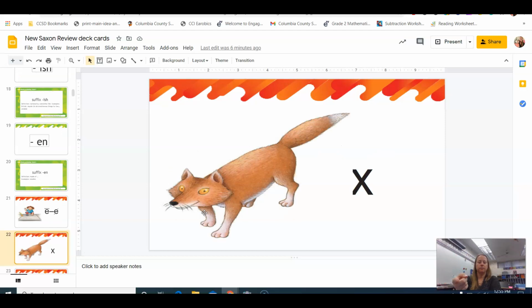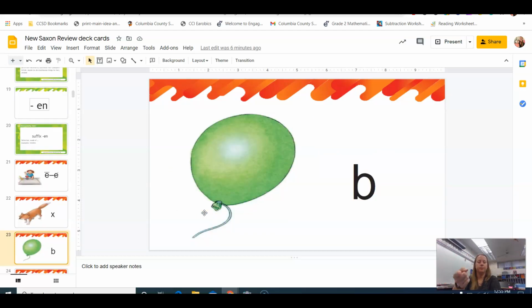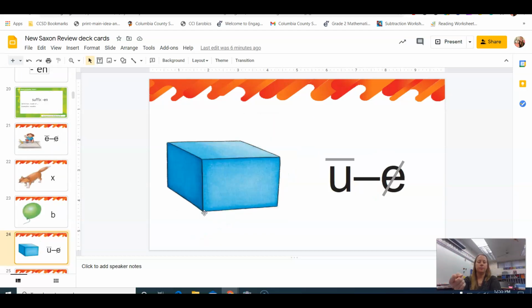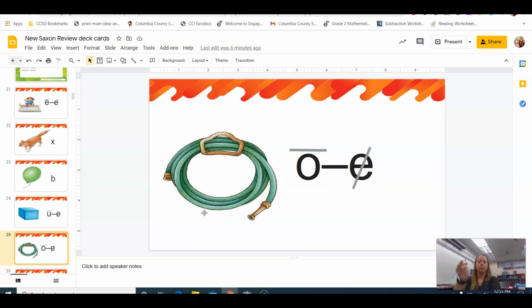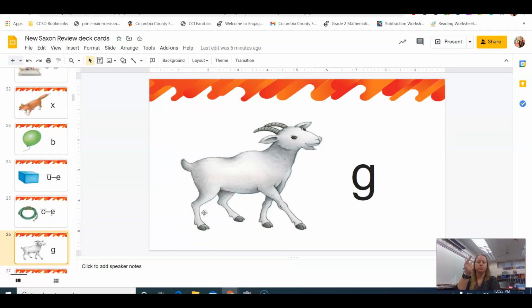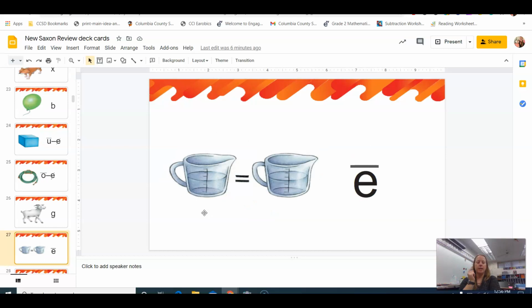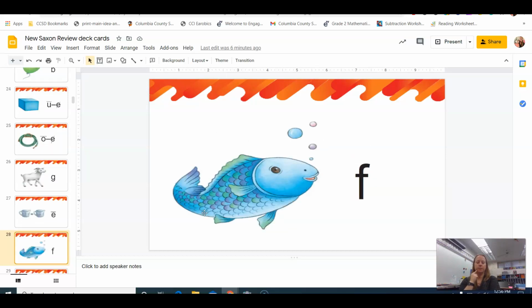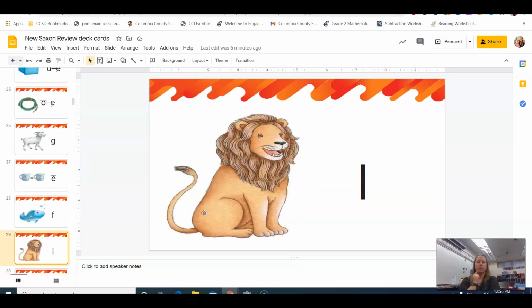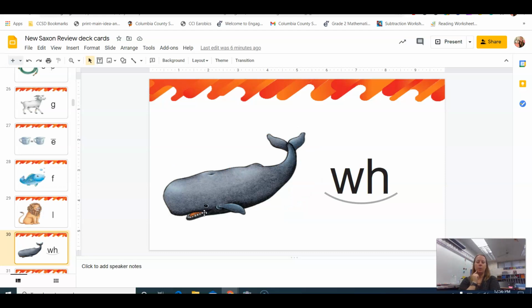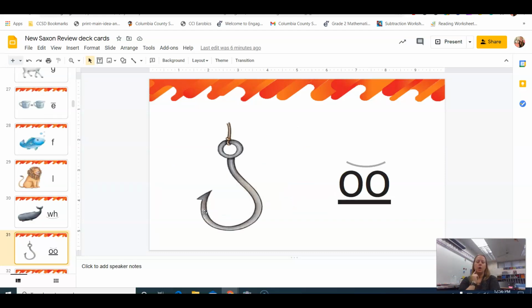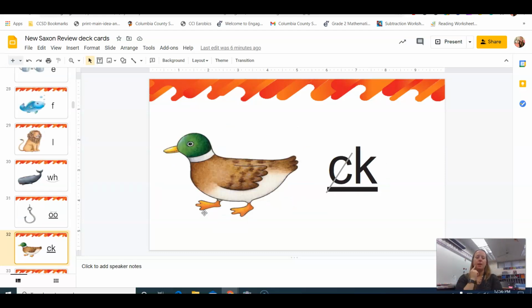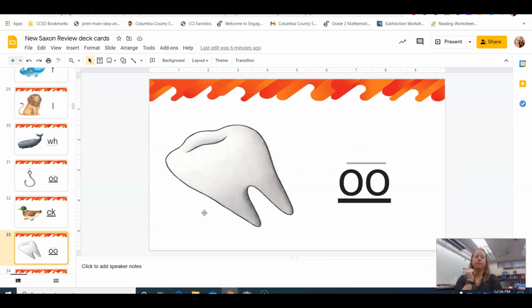Concrete e. Fox x. Balloon b. Cube u. Hose o. Goat g. Equal e. Fish f. Line ul. Whale wa. Hook, duck k. Tooth oo.